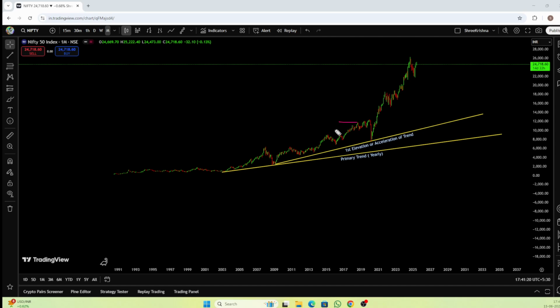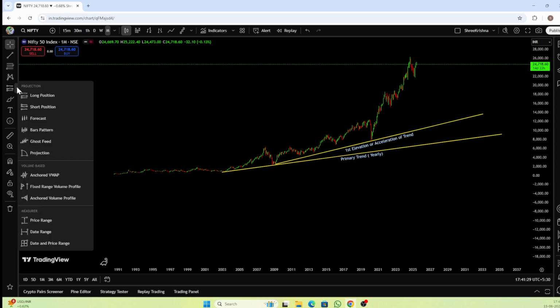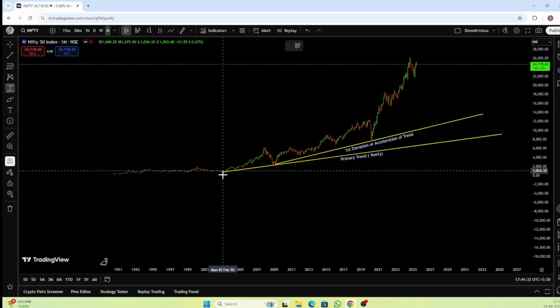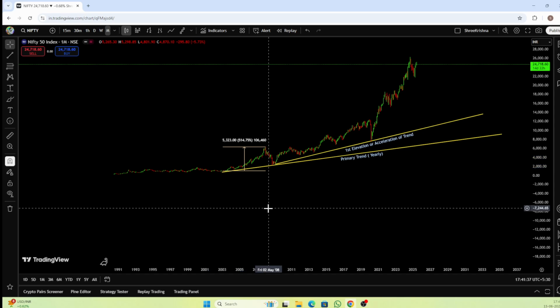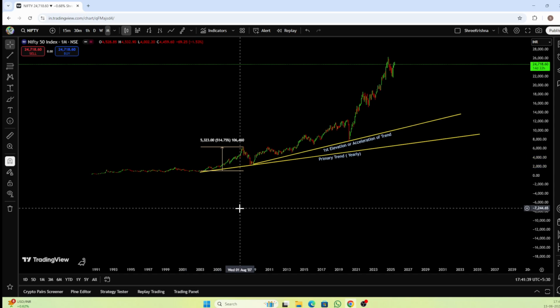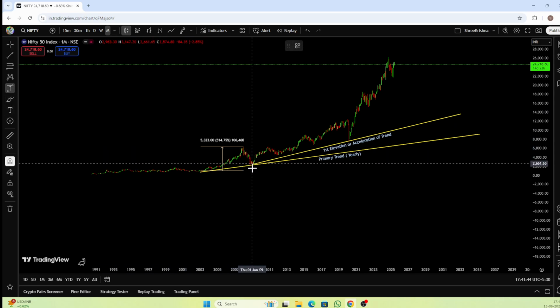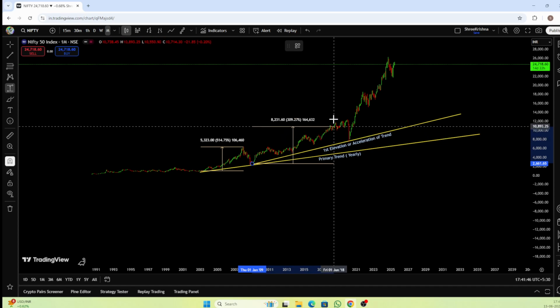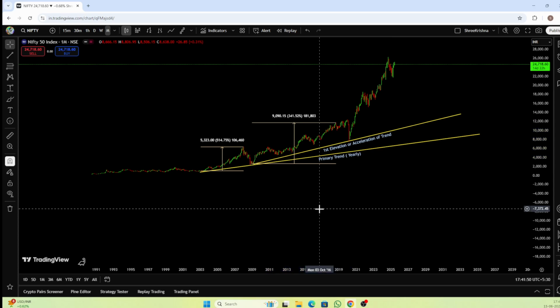The new high should have at least a minimum 100% price range. Another condition you are going to meet is that it should have 100% of the price range. So what is the price range here? 5,323. The second, when the first elevation began, what is the price range here? 9,090.